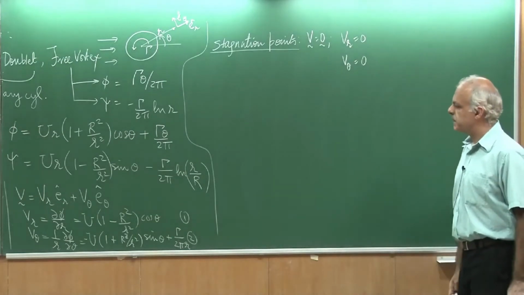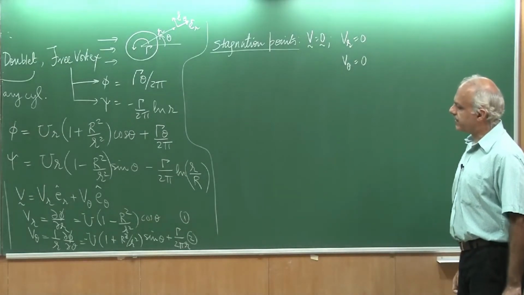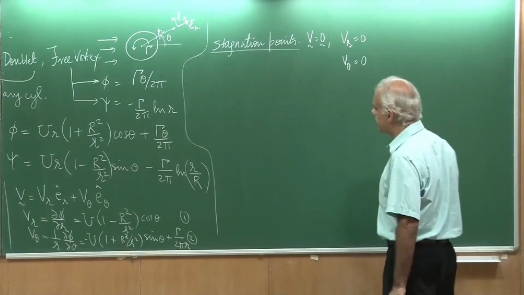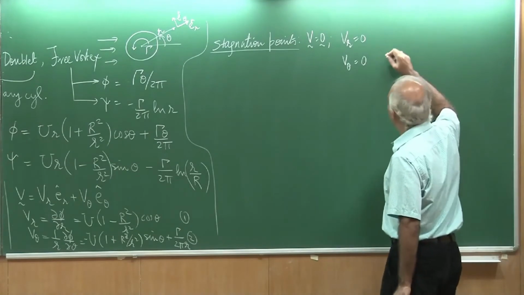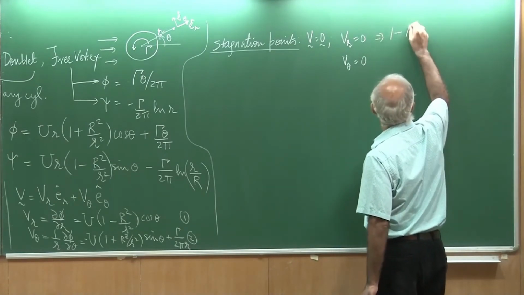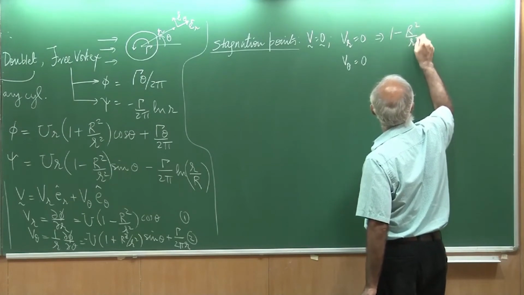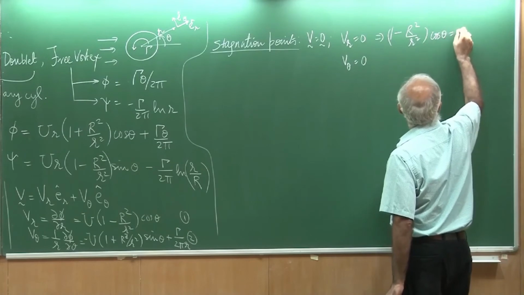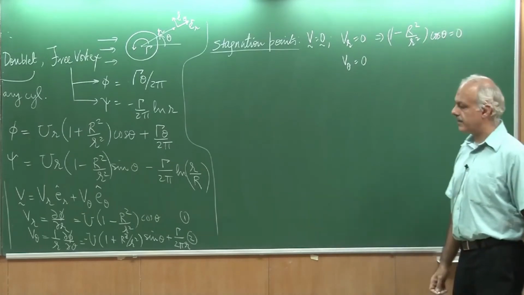Let us see what the first equation tells me. 1 minus R square by small r square, times cosine theta, is 0.